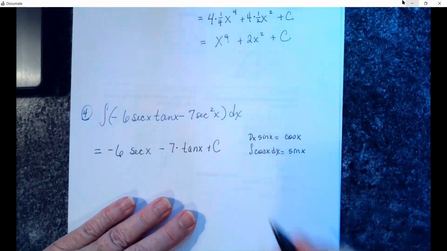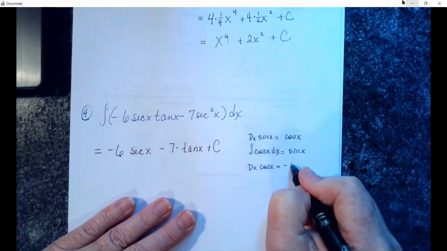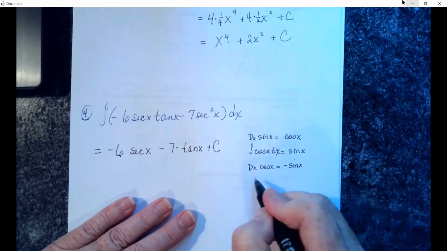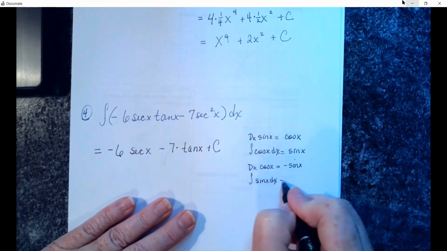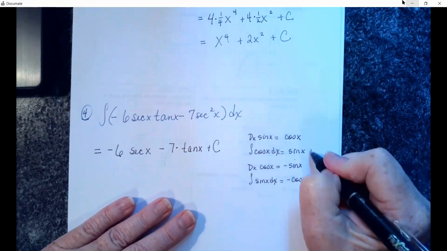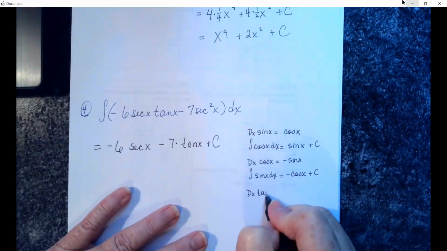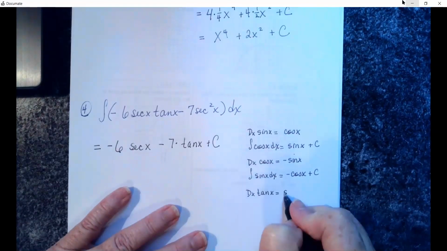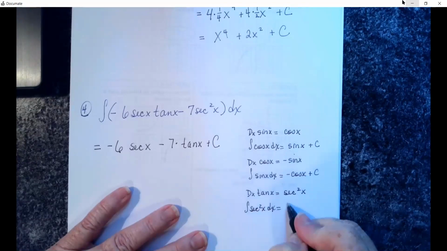If you take the derivative of cosine x, you get negative sine x. So the integral of sine x dx is negative cosine x. Better not forget my plus c there. Okay. The derivative of tangent x is secant squared x, and the integral of secant squared x dx is tangent x plus c.